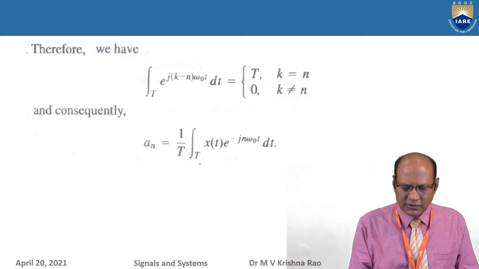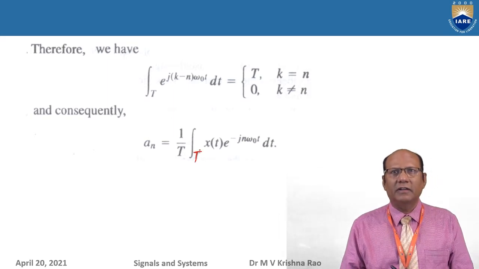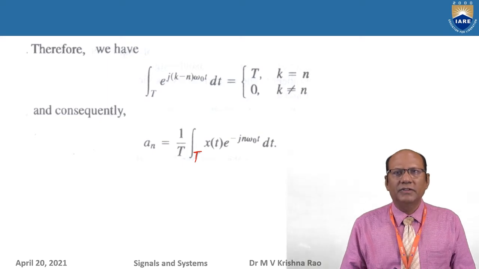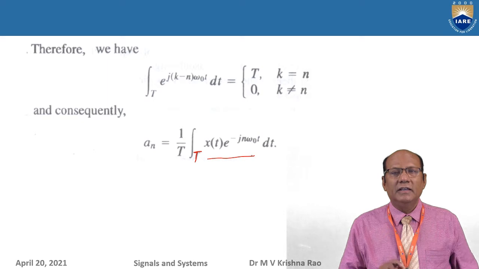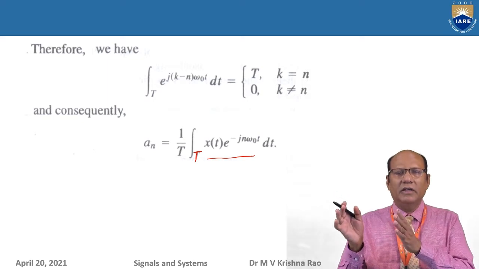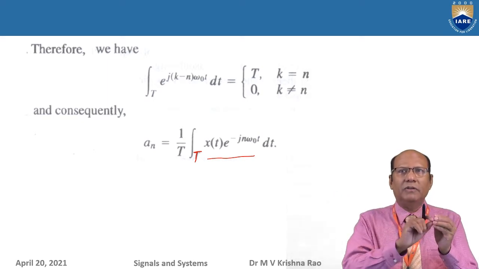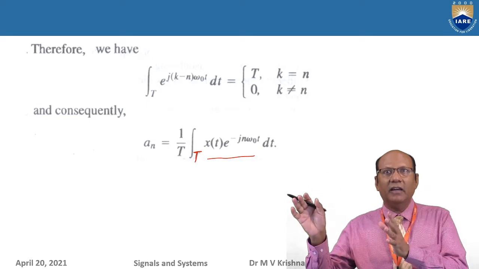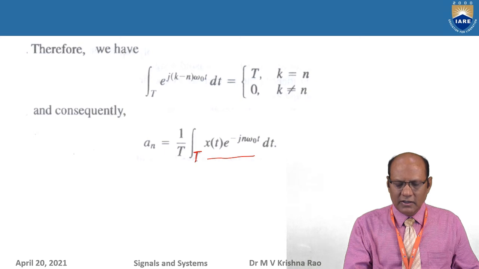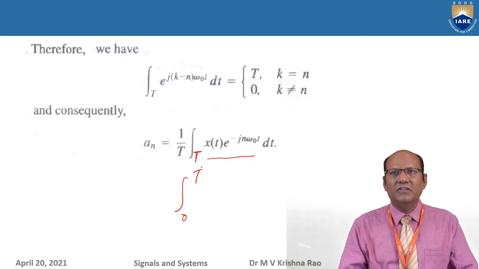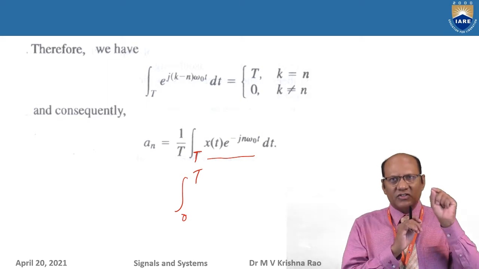That is why the notation is given as such: if I put T at the corner of this integral symbol, it means the duration considered for this integration is somewhere, not particularly from 0 to T. It is anywhere, but the duration is T. That is the difference. When I say 0 to T, you are taking the first cycle only.